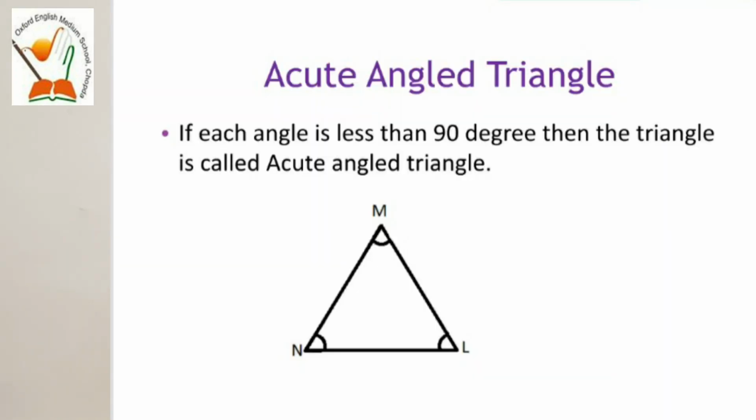See in the figure of triangle LMN, all the 3 angles have measure less than 90 degrees. That means all the 3 angles of this triangle are acute angles. So this triangle is called an acute angle triangle.